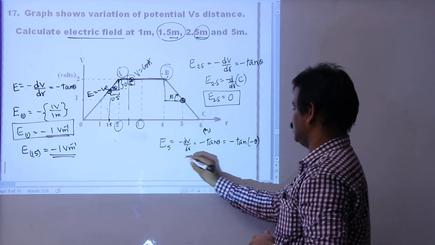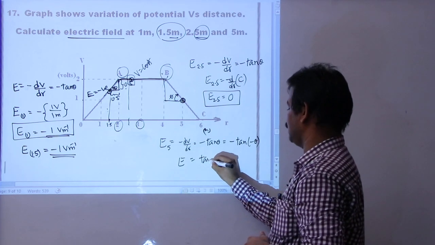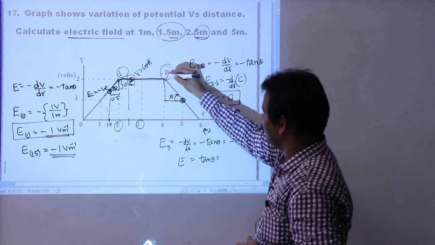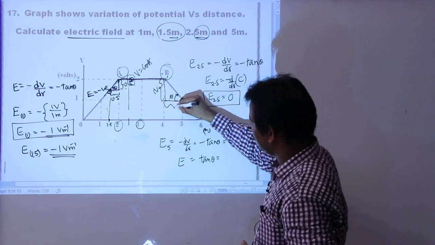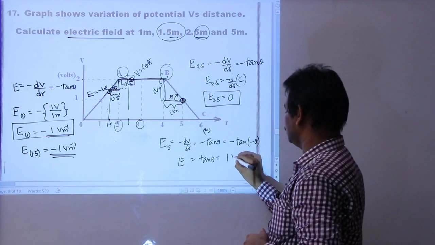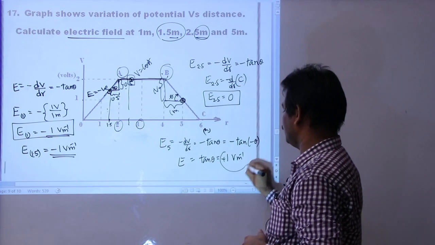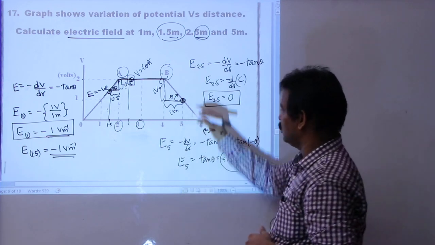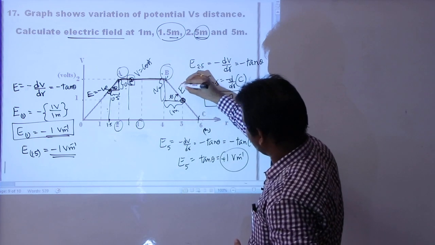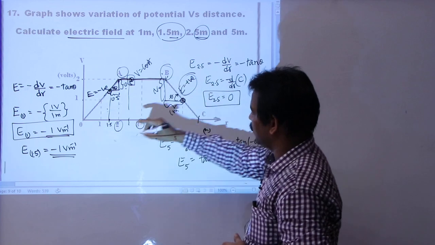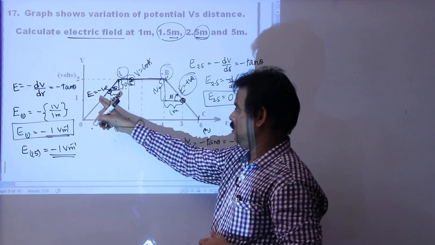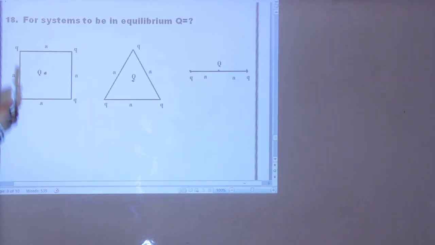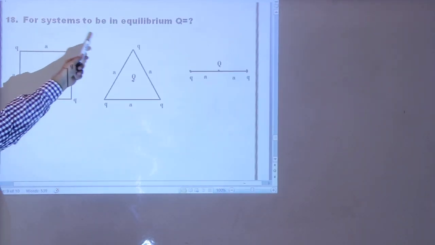So this is minus of tan of minus theta. Minus of minus is tan theta. So the electric field is directly tan theta. This will be 1 volt and this is 1 meter, so once again this is 1 volt per meter. But remember, this electric field at 5.5 is positive. So from B to C, the electric field is positive, and from 0 to A, the electric field is negative.